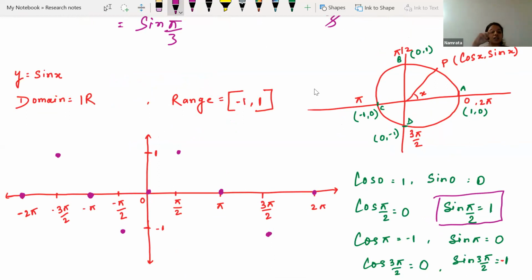Okay, now let's connect all the dots. Can you see all the dots? I'm going to connect all the dots over here. Let's connect it.